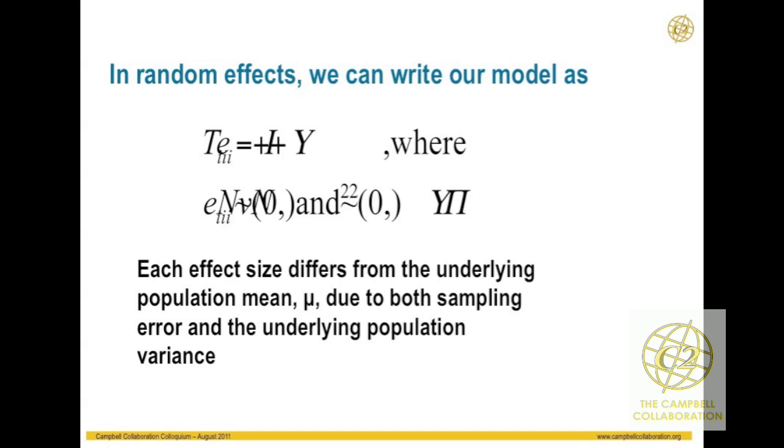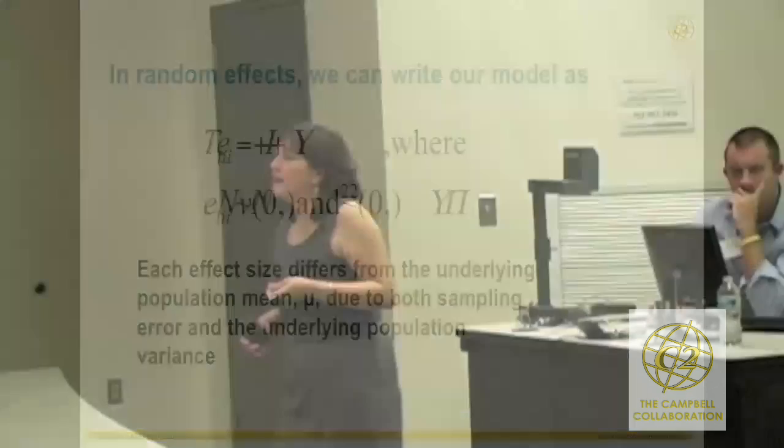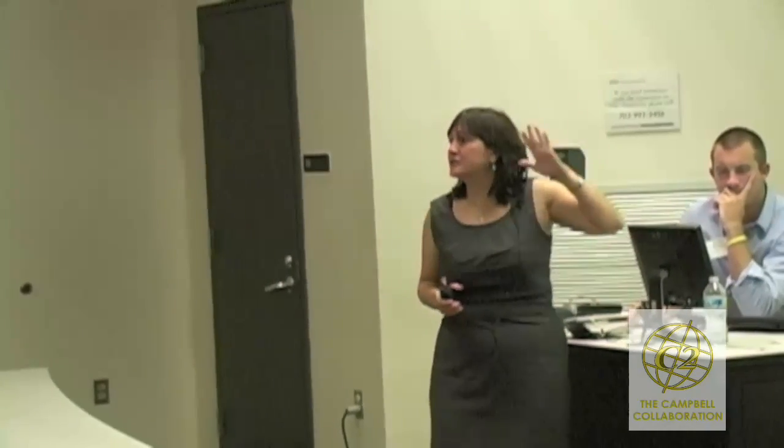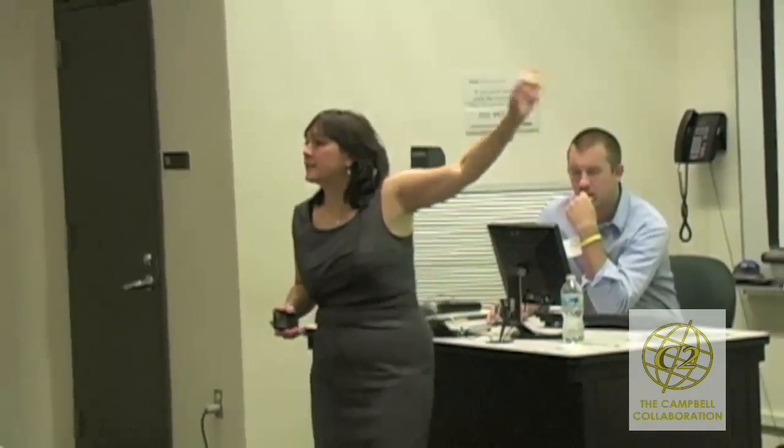And then we have that other component, tau squared, the variation in the underlying distribution of effect sizes. So each estimate of effect size differs from that underlying mean due to two components, one being the sampling variation, one being the random variation tau squared.